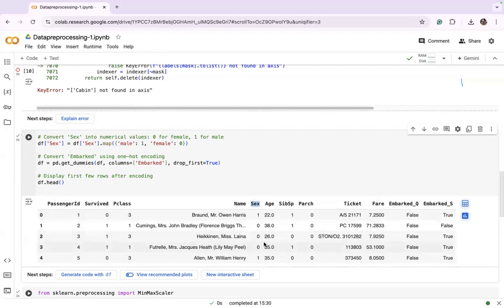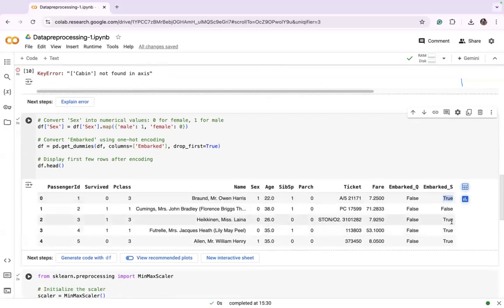Then for the embark column, suppose some values are true and some values are false, so we are dropping these values and keeping only the false ones in the case of embark.